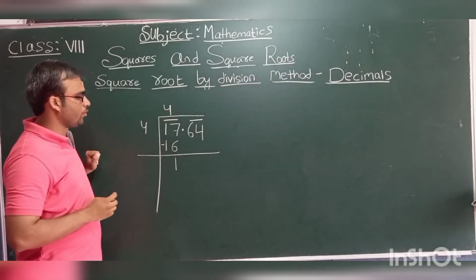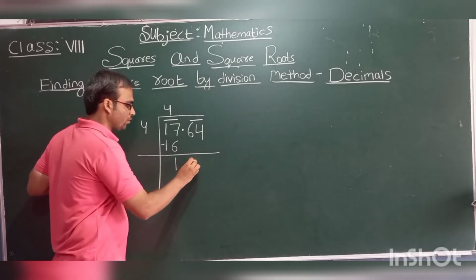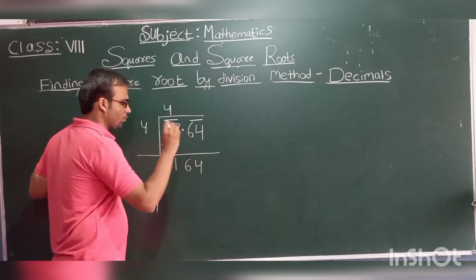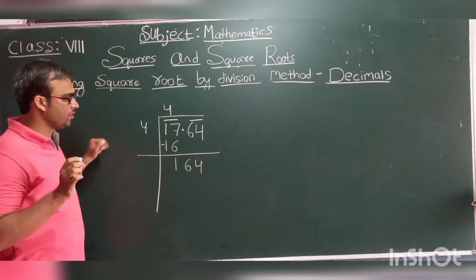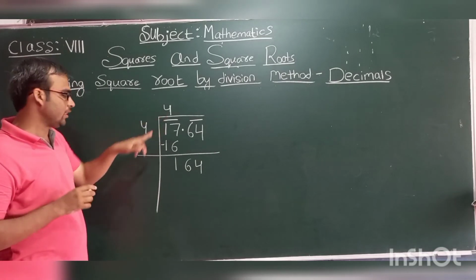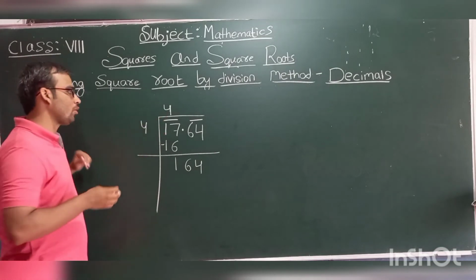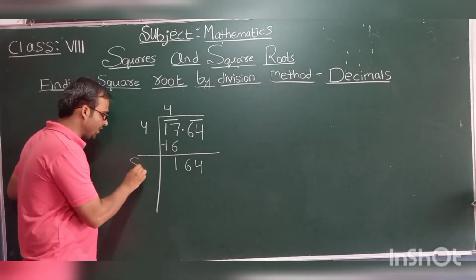So next, what you need to do? Bring this number down, 64. Now the quotient is 4. The steps are the same. Double the quotient. When we double 4, what will you get? 8.